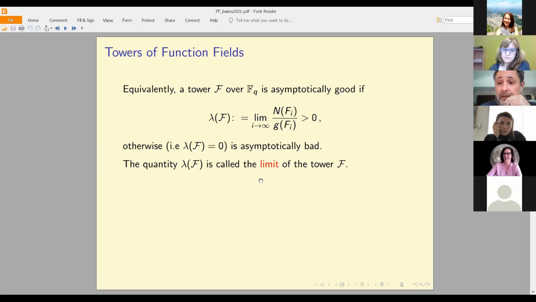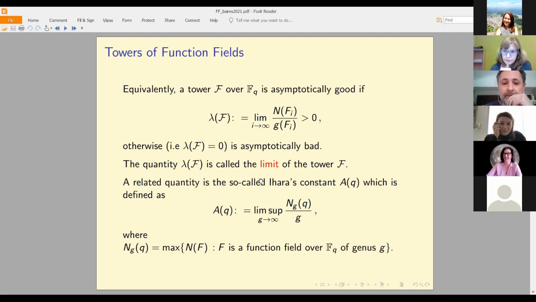That will give you examples of function fields with many rational points and applications to coding theory, cryptography, etc. Related to this quantity of the limit is the so-called Ihara constant. Now you take the genus going to infinity, and you consider all the function fields of fixed genus g, and all the rational places, and look for the maximum number of rational places when you fix the genus. You can prove that this limit exists and is called the Ihara constant.